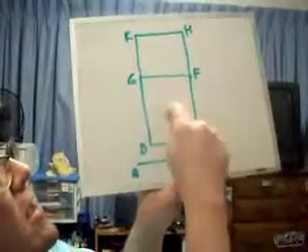Therefore, DF is also medial. So, this rectangle here is medial, and it is applied to the rational straight line DE. Therefore, DG is rational and incommensurable in length with DE. This is by Euclid Book 10, proposition number 22.